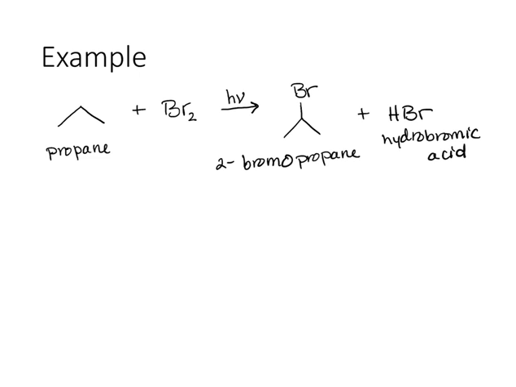Okay, so now we're going to calculate the enthalpy for this reaction, and we're going to first figure out which bonds are broken in this reaction. And those will be endothermic. So if you break a bond, you need energy to break that bond.